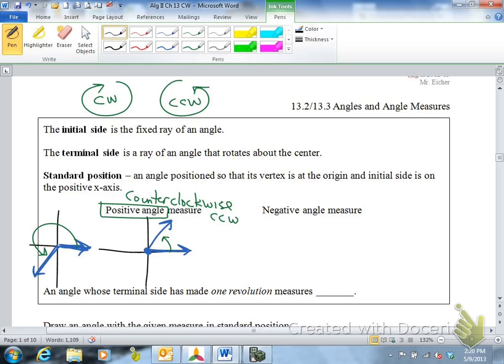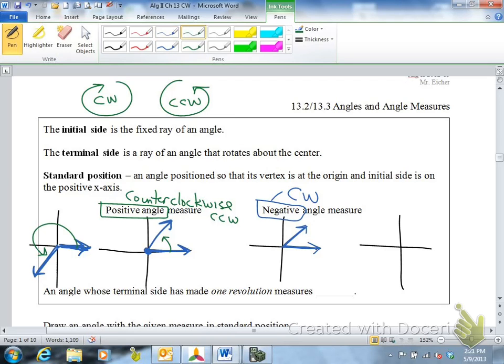A negative angle measure would be clockwise. Here are two examples. We could have an angle that looks like this, kind of like the first one we just did. At this point we can't really tell if it's positive or negative.